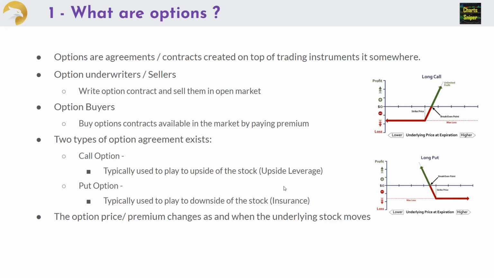When an option underwriter sits on a lot of stocks that they would like to sell, they typically write these agreements and sell them, hoping to profit from the premium collected. Option buyers buy these agreements from the sellers and pay a premium.